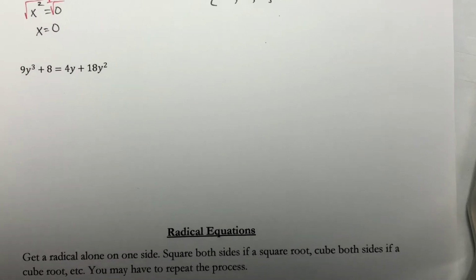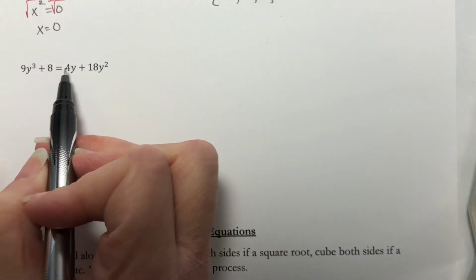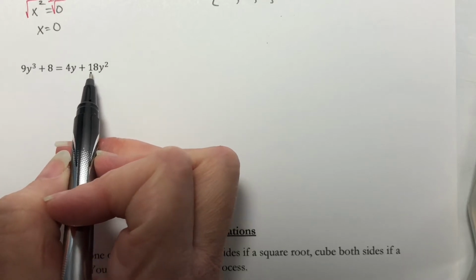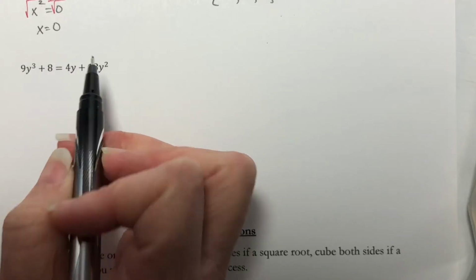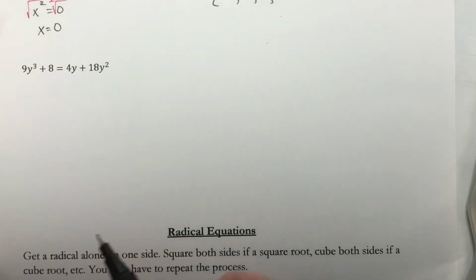Okay, so let's try 9y cubed plus 8 is equal to 4y plus 18y squared. Okay, my largest exponent is a 3, so I expect 3 answers. I want to try to factor this to see if I can solve it that way.